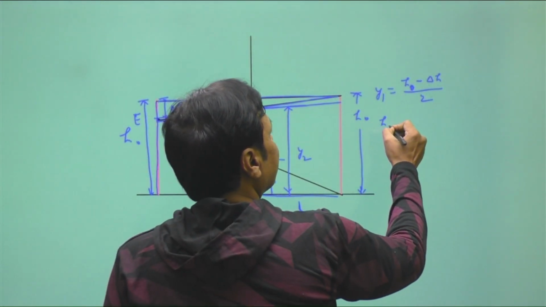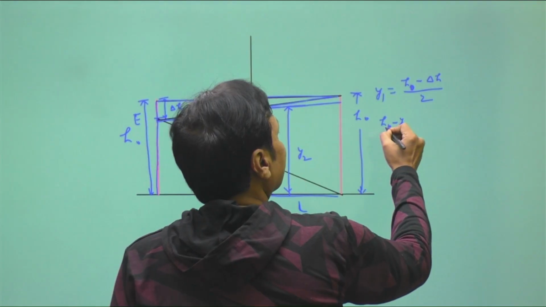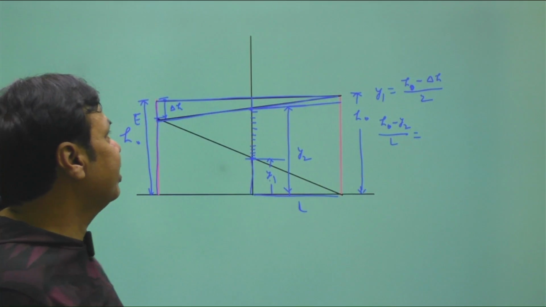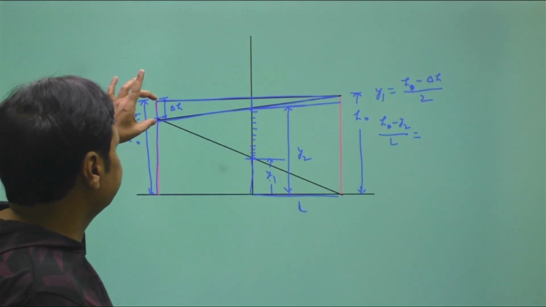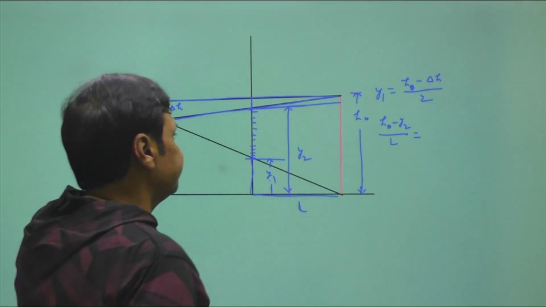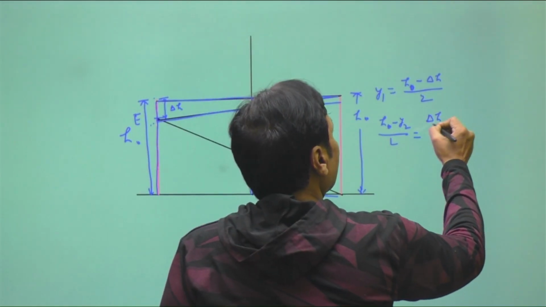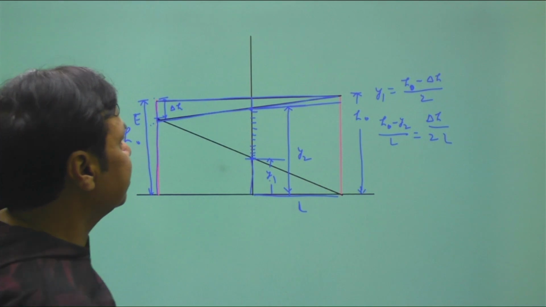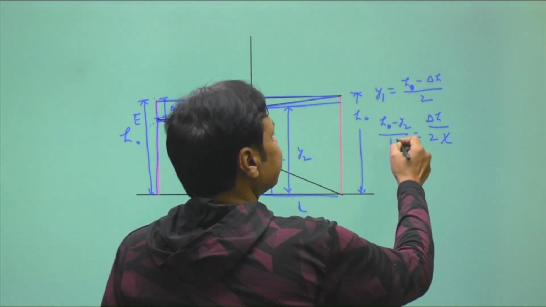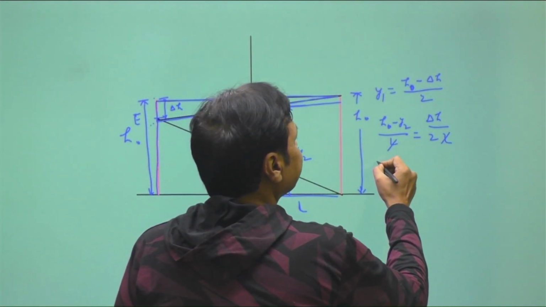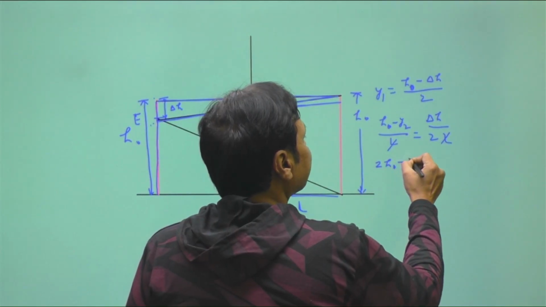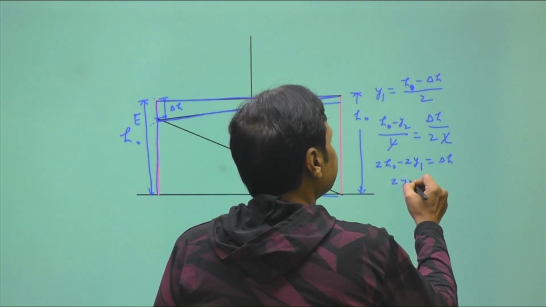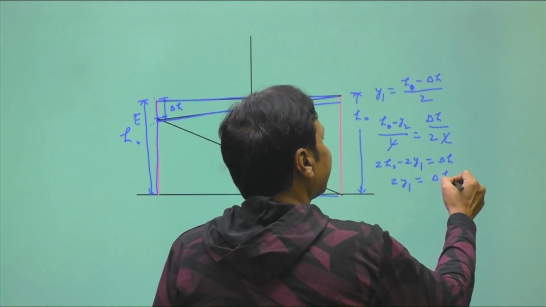This height is h0 minus y2, so h0 minus y2 upon L, perpendicular upon base, and this height is delta h upon 2L, the base, and L is cancelled out again, and we can write 2h0 minus 2y2 equals delta h.